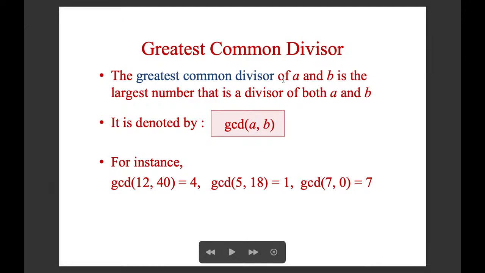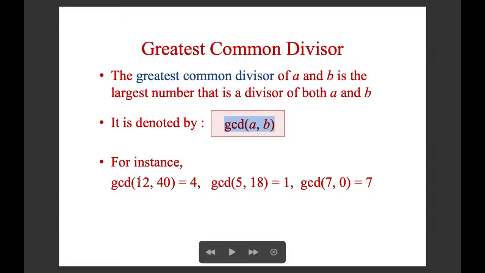So a common divisor of A and B is some divisor that divides properly A and also divides properly B. And the greatest common divisor is the greatest possible common divisor. This is written as, or denoted by, GCD of A and B.